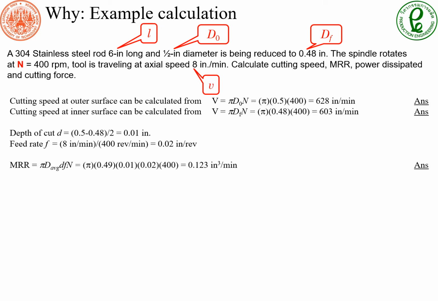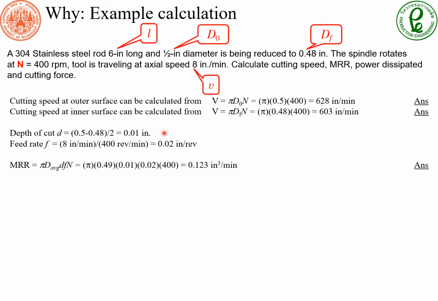To calculate the average cutting speed, we can calculate the cutting speed at the outer surface, using d sub 0, and at the inner surface, using the final diameter. Then we can calculate the depth of cut. If you have removed 0.02 inches for the whole diameter, you have to split that by half for the radius, so the depth of cut becomes 0.01.